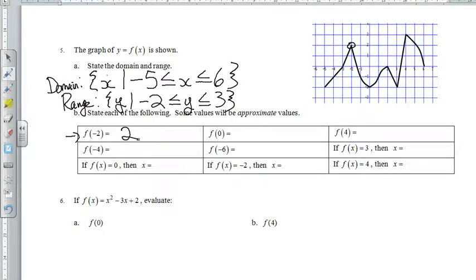What's f at 0? That could be read f at 0 or f of 0. Or it could be read the value of y when x is 0 is negative 2.